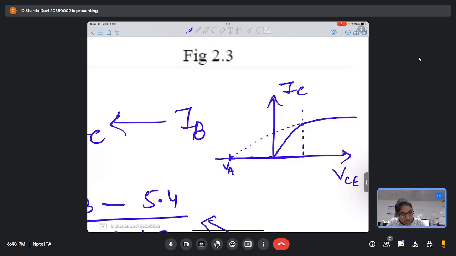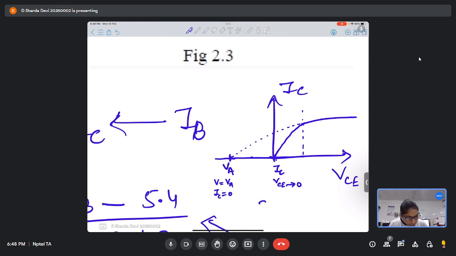Okay, so we know this line is a straight line, right? So let's take 2 points. Just beside 0 there will be some IC and VC is almost tending to 0, right? And here we have VA as the voltage and IC is 0.